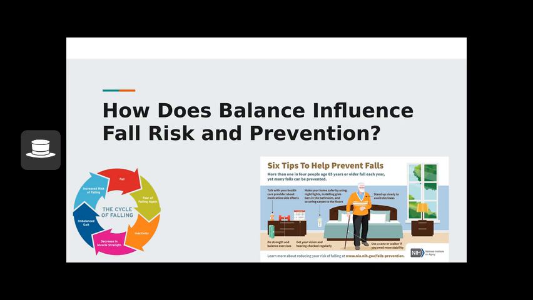But our goal is to reduce or stop and counteract any of these events that could lead to a fall by improving our balance. And over on the right side of the slide, you can see an image detailing different tips for us to improve our balance and help prevent falls.